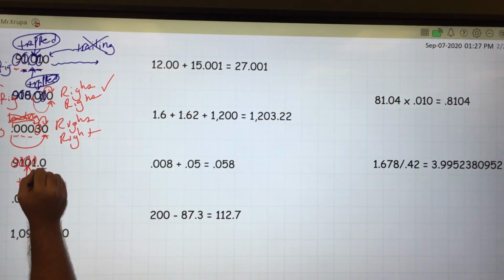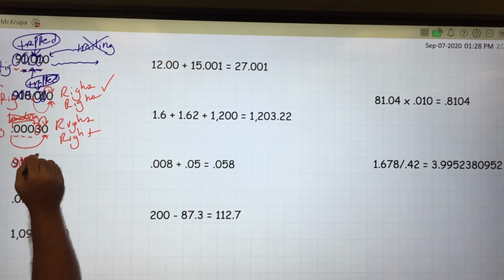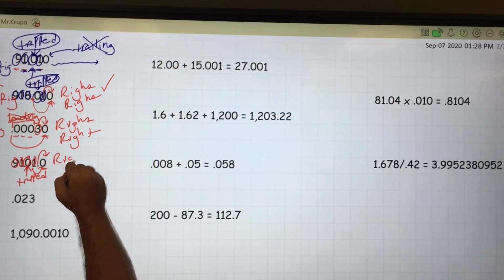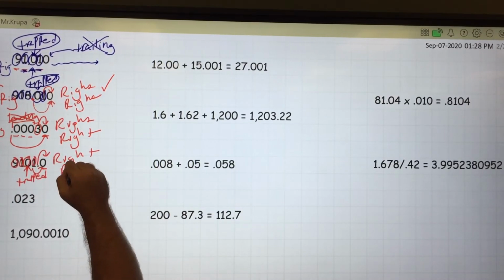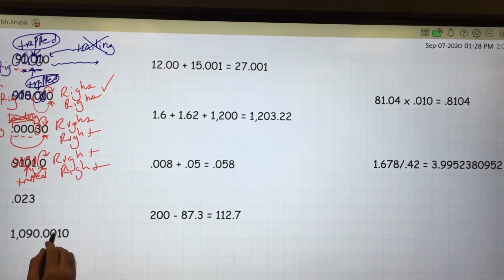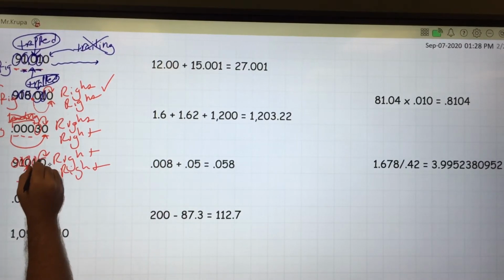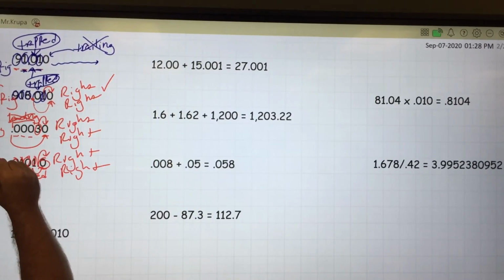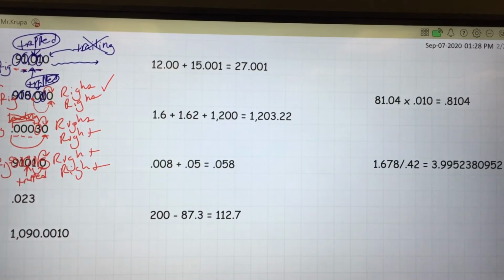This zero here that comes after the decimal, it is to the right of the decimal and to the right of a non-zero. It is a right zero. So it is significant. That means there are 5 sig figs here. 5 significant figures.